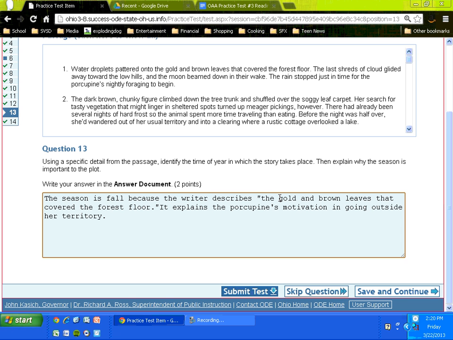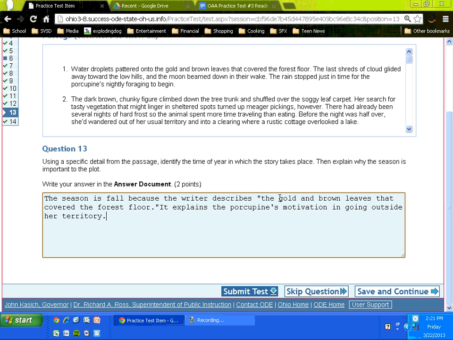Two points. Did any of you pick a season other than fall and still earn 2 points? Some of you did. You know why? Because I think you have enough evidence in the selection to point to a different season like spring. Seems to me that rain happens a lot in April. And probably before warm weather hits, that cottage would still be boarded up and everything would be closed.